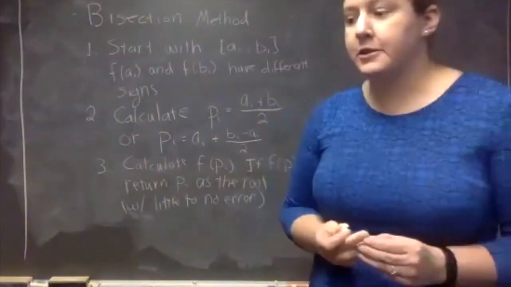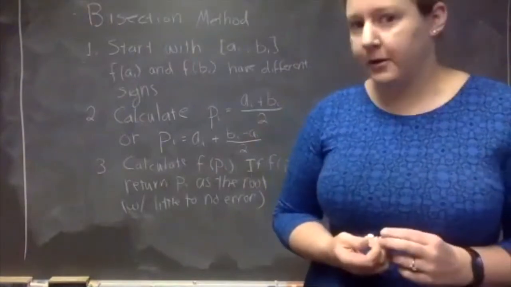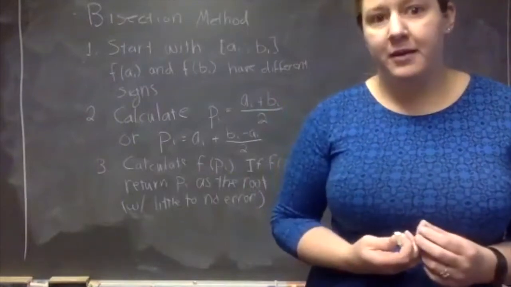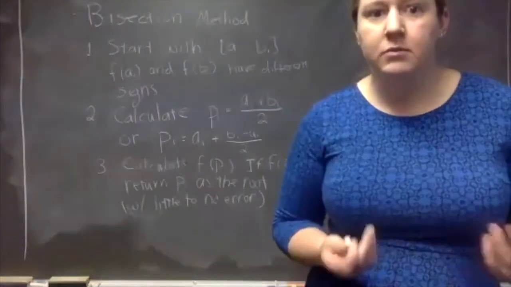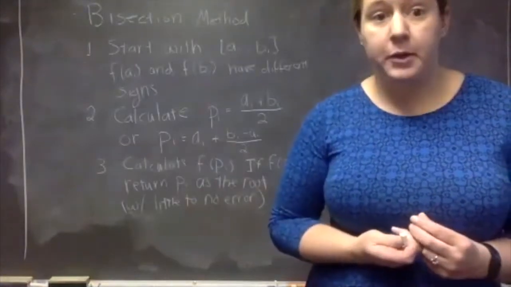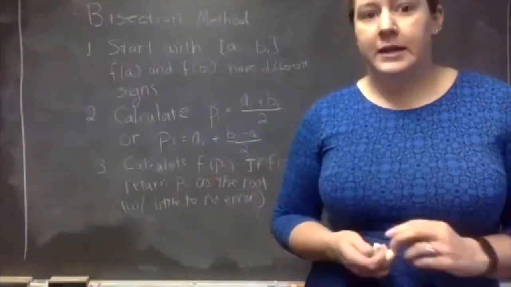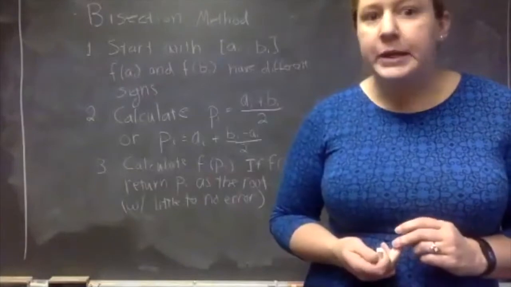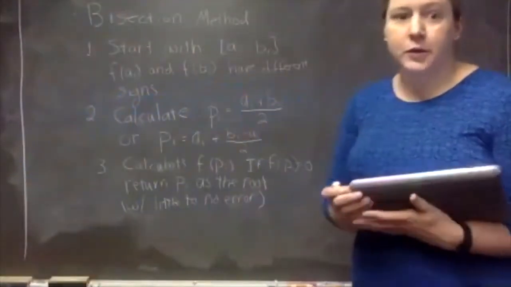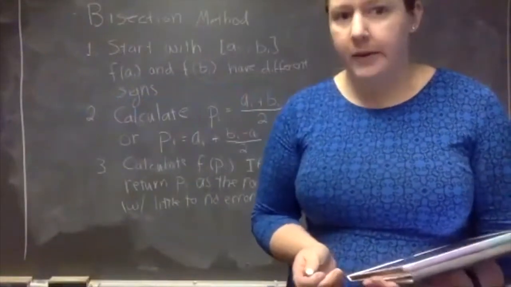I say you return it as your root with little to no error, and that's just because maybe your computer thinks it's 0 because of rounding or truncation error. But in that case, the error is still small if you're going out to enough digits for your computer to think that f of pi is 0. So I can't technically say no error because there could be a rounding error thing happening, but you can still return it as your root because obviously you're not going to get better than your computer's precision anyway.